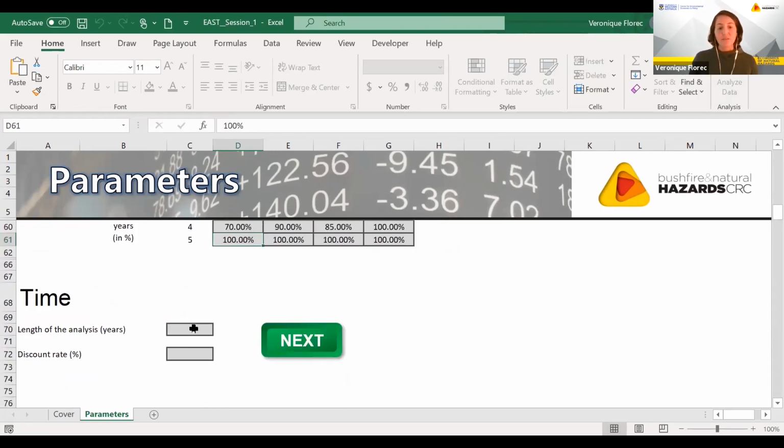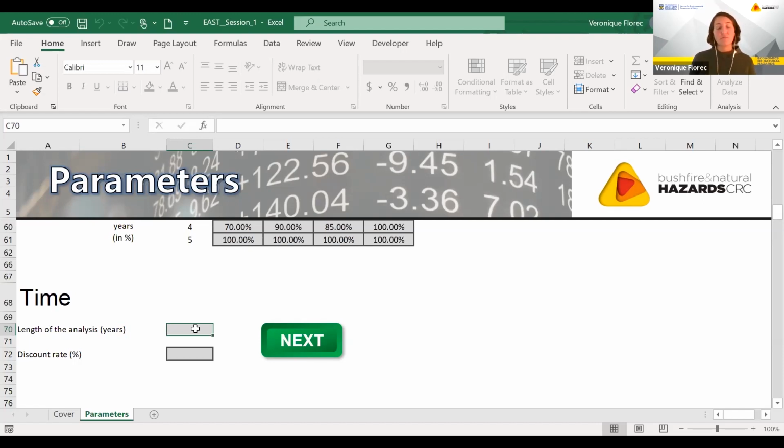So now we have to decide the length of the analysis. For how many years do we want to evaluate these mitigation options? Again, this is not a straightforward answer, and there is not necessarily a clear rule of thumb. For some large infrastructure works, we could choose the number of years that we think that particular infrastructure is going to last.